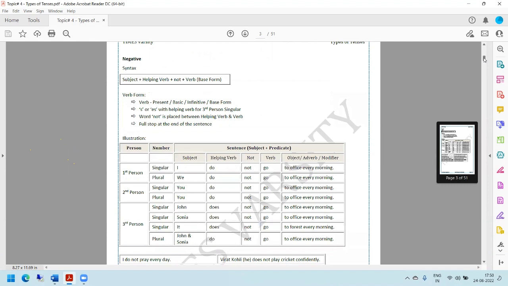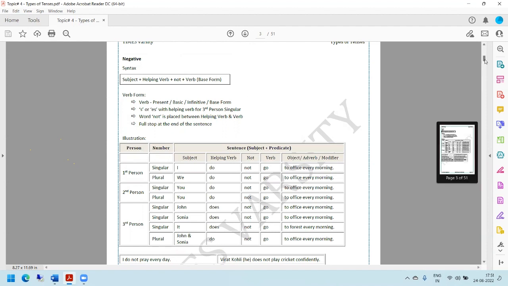Then we have negative. So how can we add not in that form? In this case, the syntax is subject plus helping verb plus not plus verb first form.